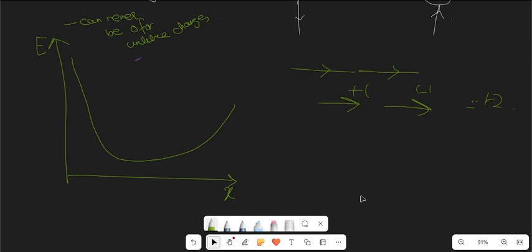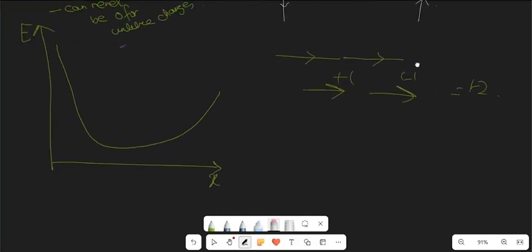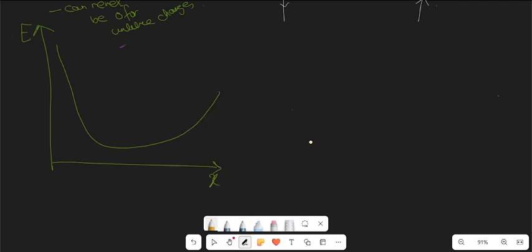Now, the other graph that we're going to take a look at is electric potential against distance.